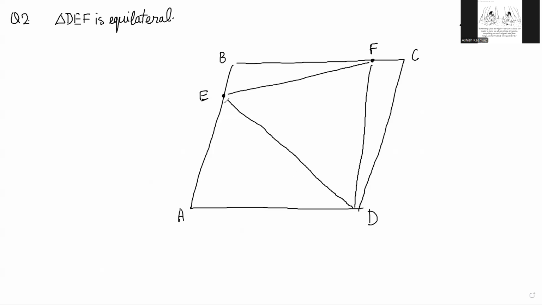So we have drawn this 5:1 ratio points here and here. What you can do is keep track of this distance BE and this distance CF and draw a similar point here with the same distance.